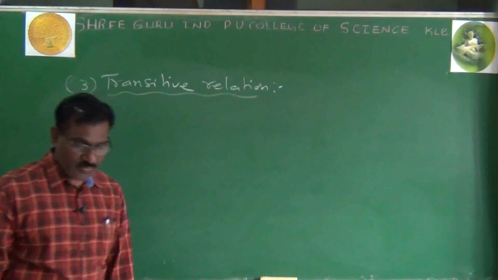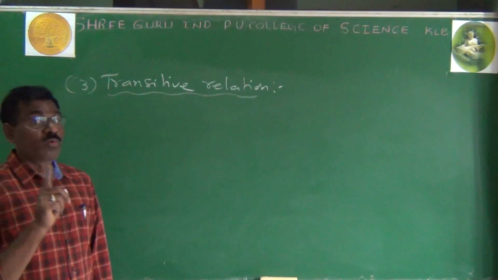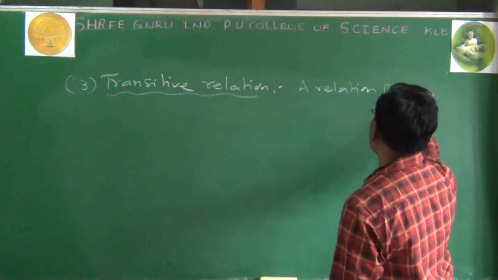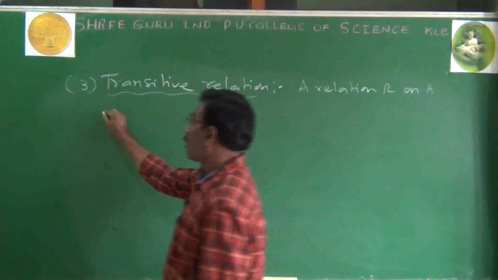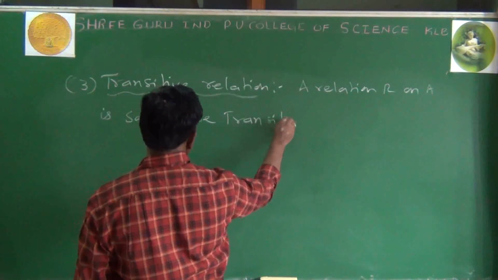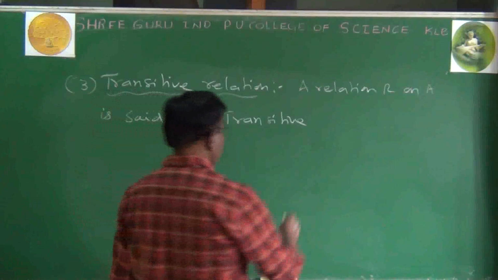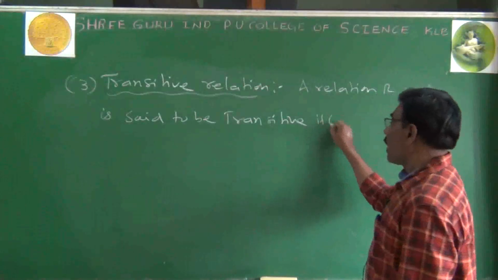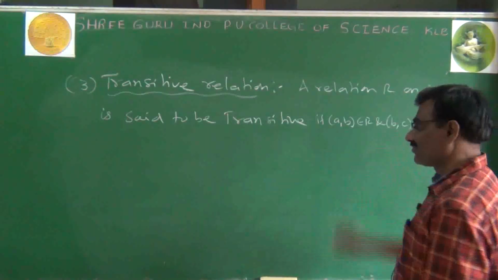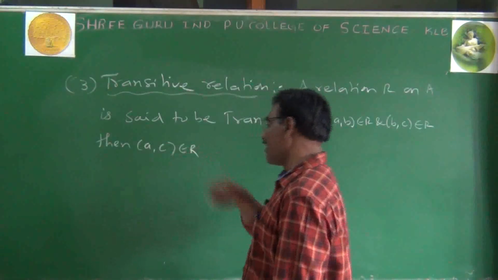A relation R on set A is said to be transitive if a comma b belongs to R and b comma c belongs to R, then a comma c belongs to R.